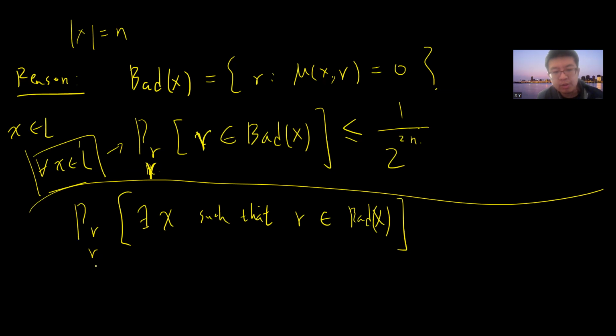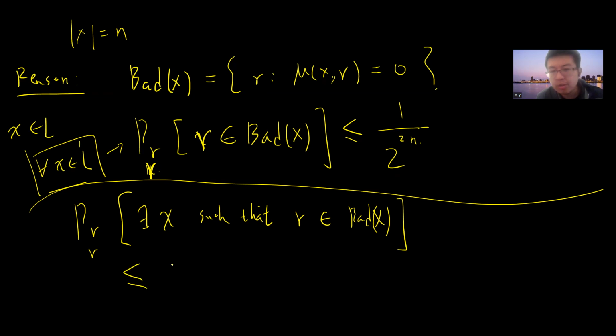So I randomly choose R, and I want to ask what's the fraction such that there is an x with R belonging to bad x. By the union bound, since for each x the probability that R belongs to bad x is less than or equal to 1 over 2 to the 2n, I can say the following.